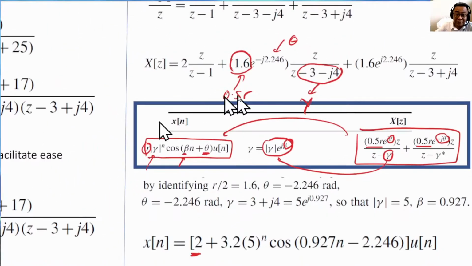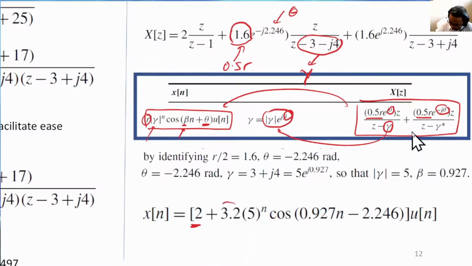Now, once you have identified these 4 variables from this expression, you can substitute, and now let us see the 4 variables. Okay, so we have 2 times 1.6, it's 3.2. This is absolute of gamma.